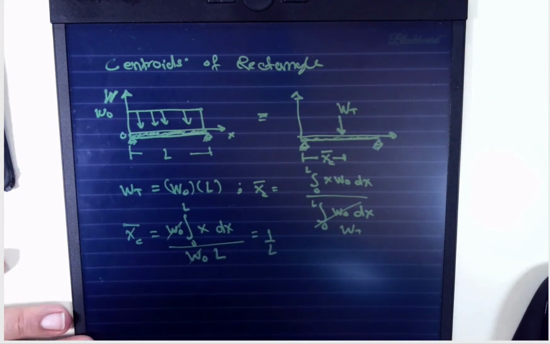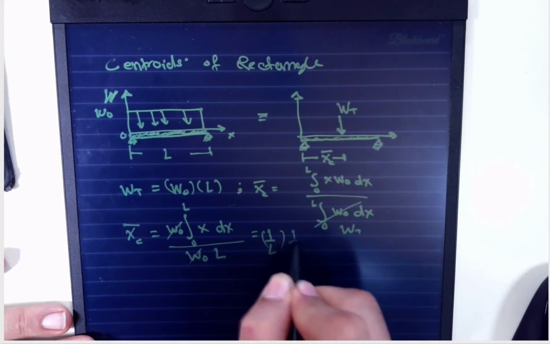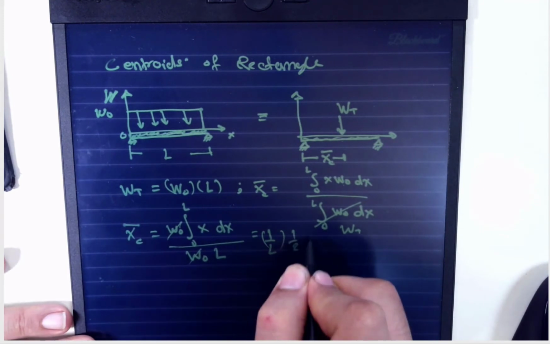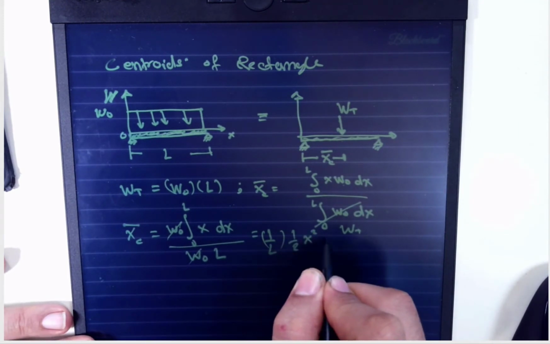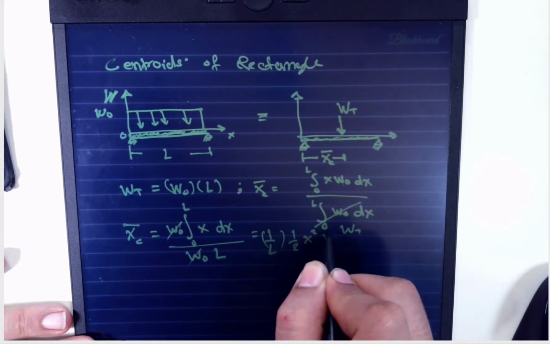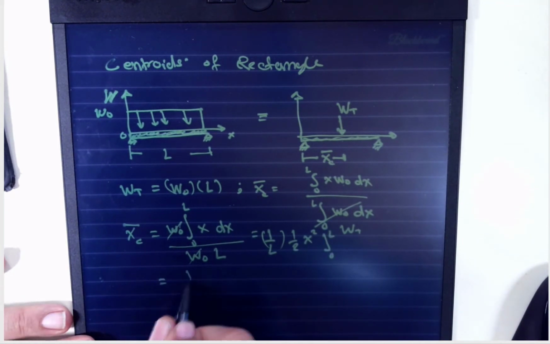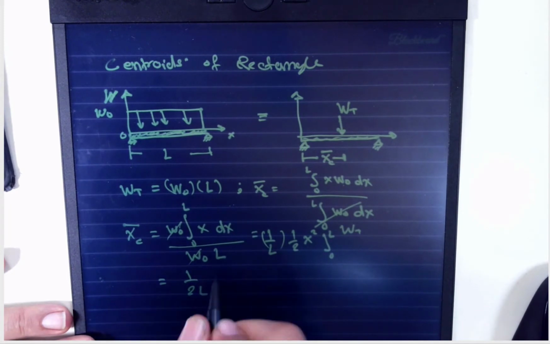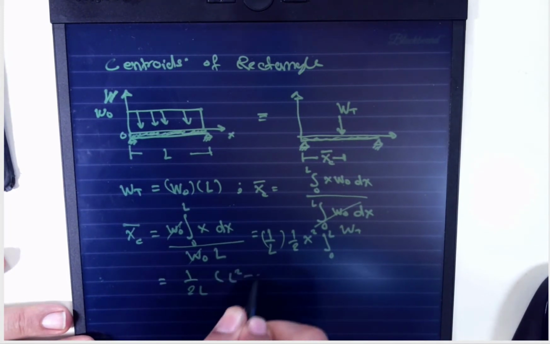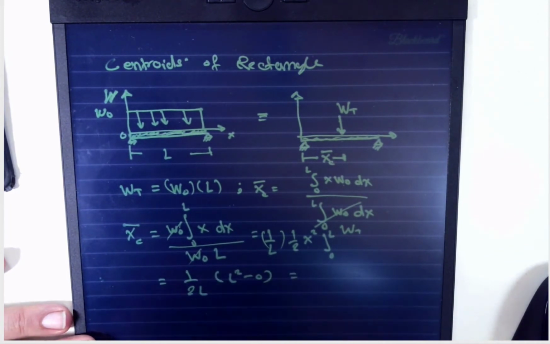the integration of x is half x squared, and you substitute from 0 to L, and this is equal to 1 over 2L times L squared minus 0, and this is equal to L over 2. So that's simply your x bar.